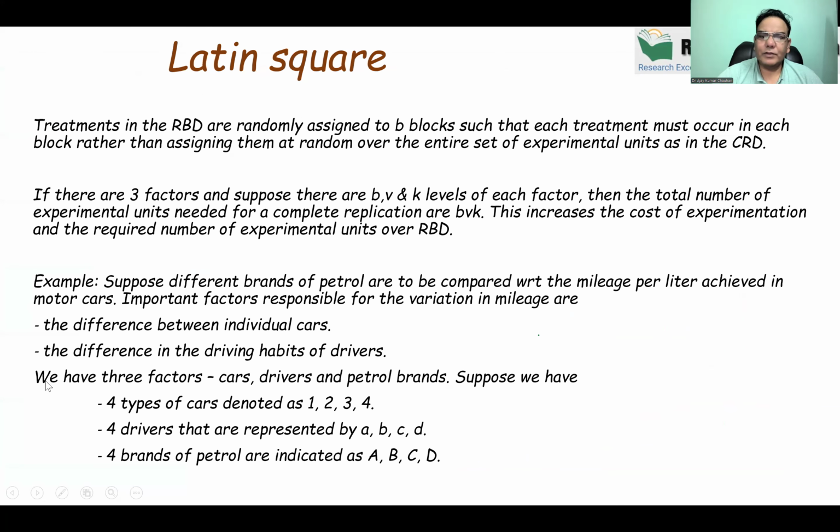In one example, we are having three factors. These three factors are cars. Suppose you are having different brands of car, let's say brand 1, brand 2, brand 3, brand 4. आपके पास चार ब्रांड की कार है.